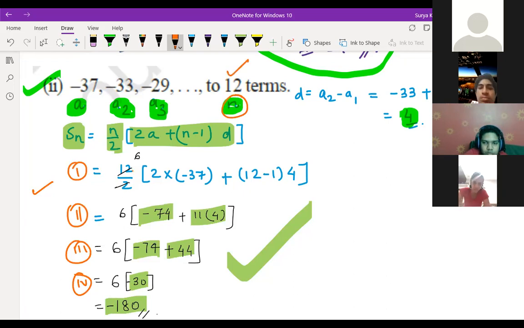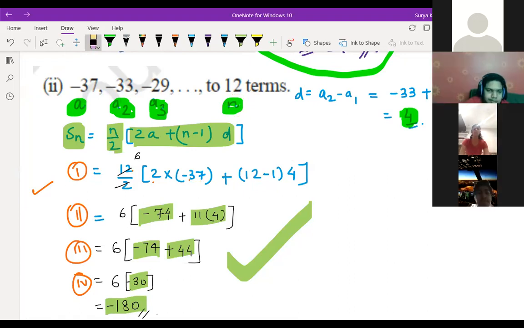So 12 by 2 into 2a. A value is minus 37 plus n minus 1 into d. N minus 1, that is 12 minus 1 into d. D is 4. We are simply putting the values only. That's it, nothing more. Okay, clear? Yes, sir. Then after that you can solve.